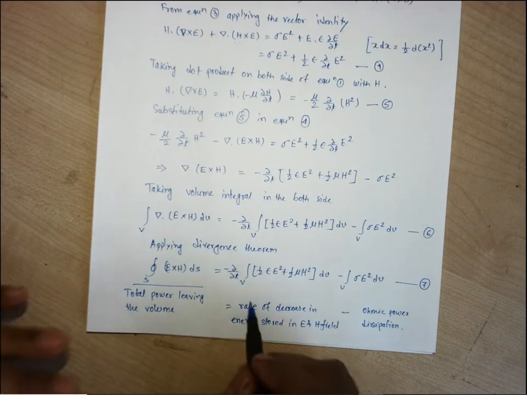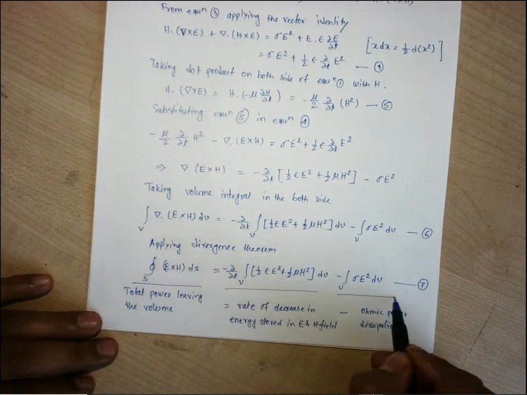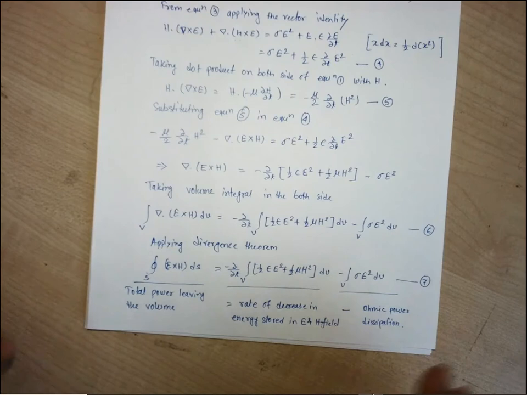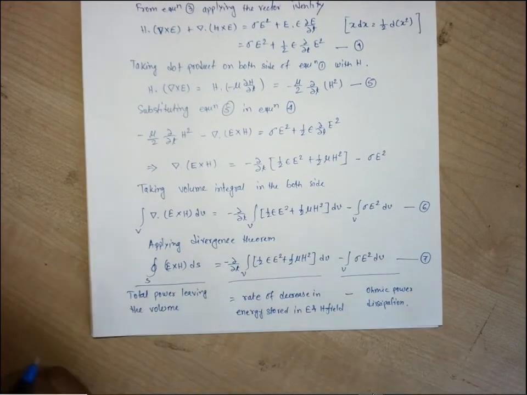Poynting theorem. So what does it mean? This part says total power leaving the volume. So power, that is E cross H, total power leaving the volume. So if on a particular closed surface we have EM waves, which is the combination of electric field and magnetic field, the power of the EM waves leaving that volume will give you the indication of the rate of decrease of energy stored in electric field and magnetic field inside that closed surface.